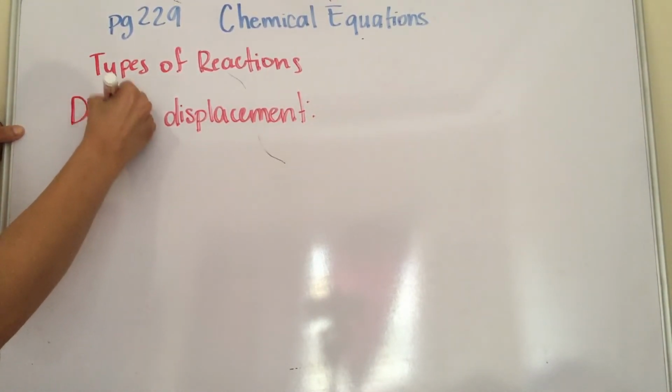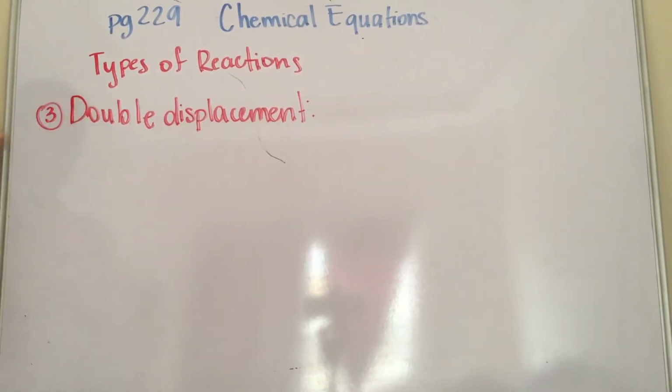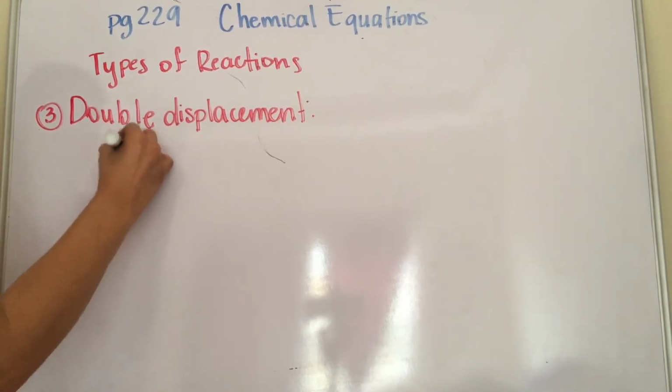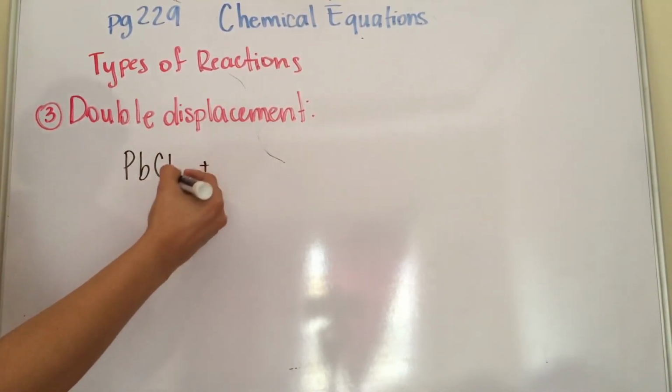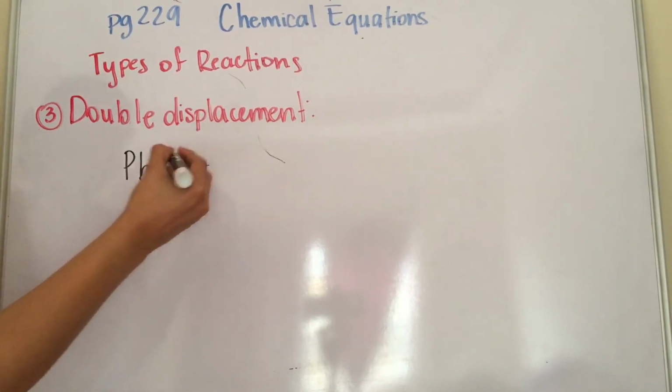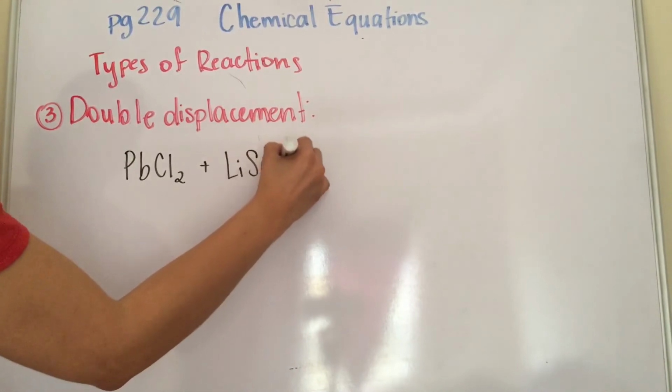All right, let's move on to the third type of chemical reaction, which is double displacement. What does this mean? In a double displacement reaction, I'm going to change two. Here we have an example: lead with chlorine, and lithium sulfate.